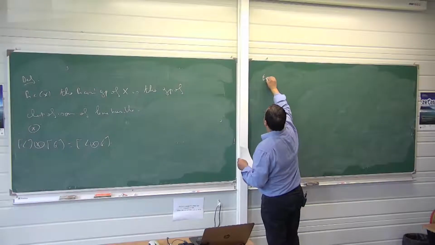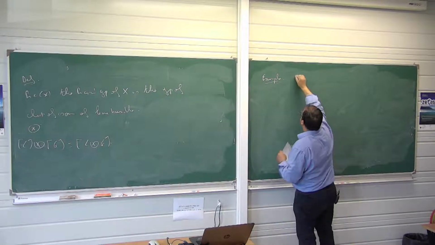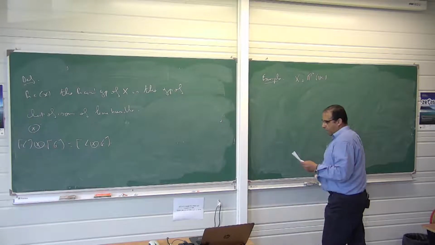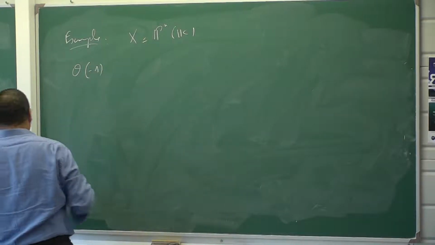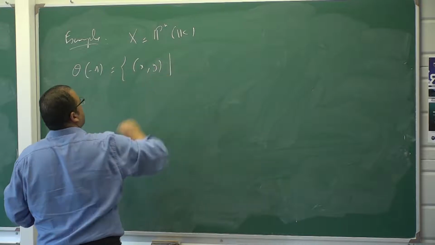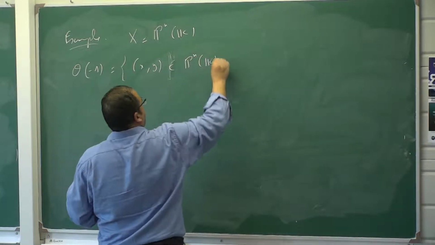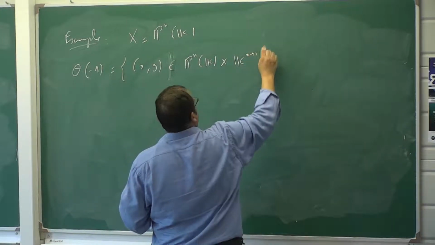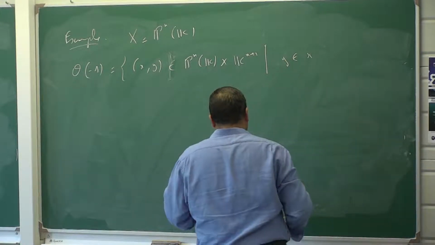Examples. In projective space, we have a family of line bundles. So we have what we call O(-1). It is the set defined by (x, y) in P^n times k^(n+1), such that y is in the line x.